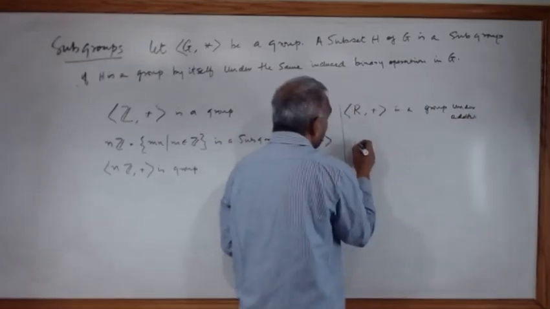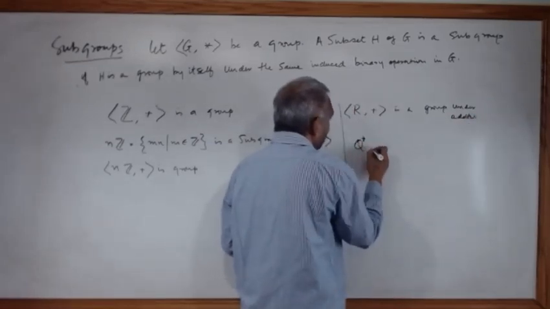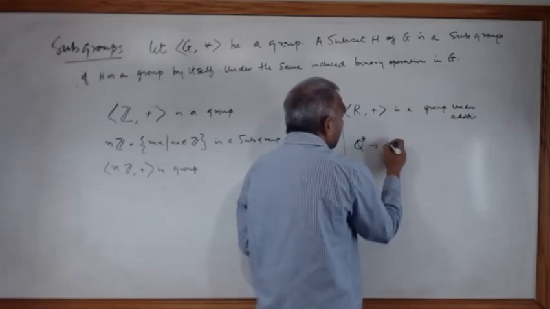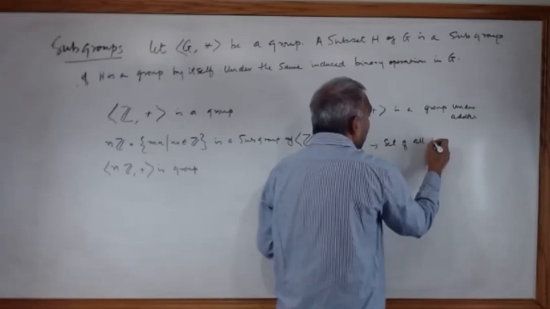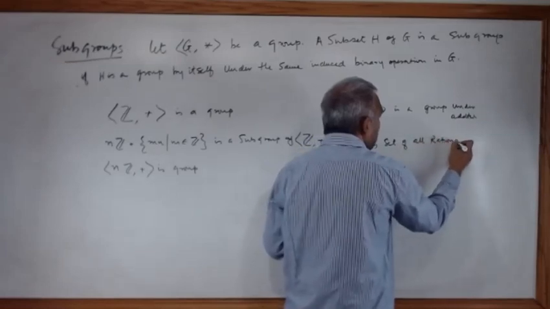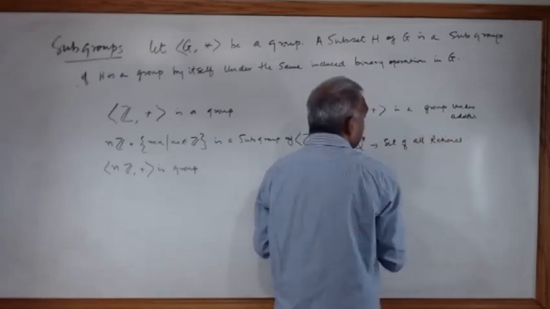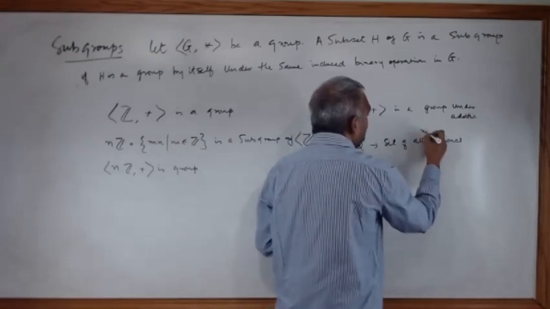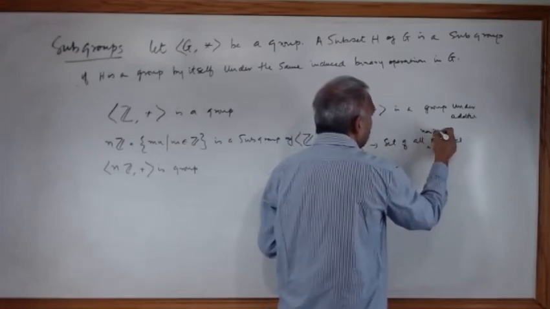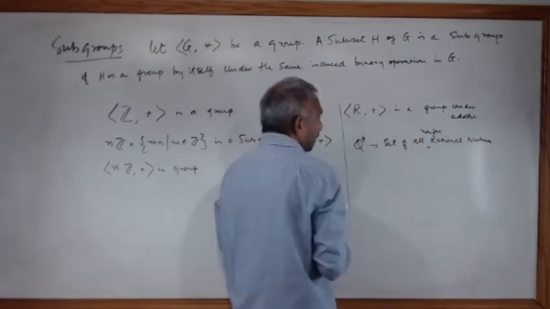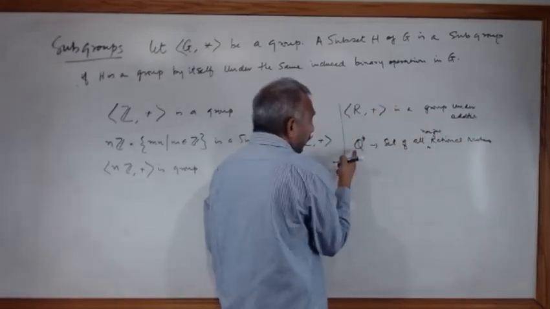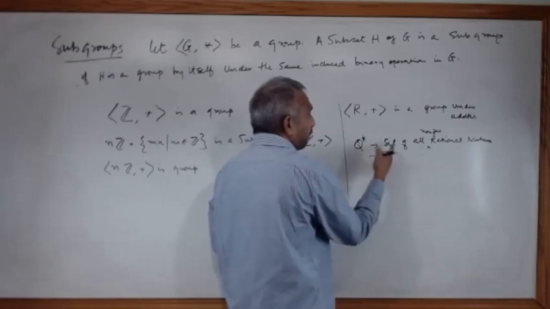But we know that Q star, this is actually the set of all non-zero rational numbers, we created a group with the set of all non-zero rational numbers.